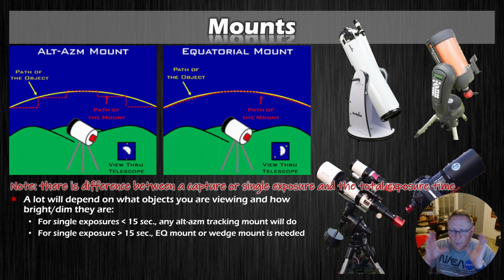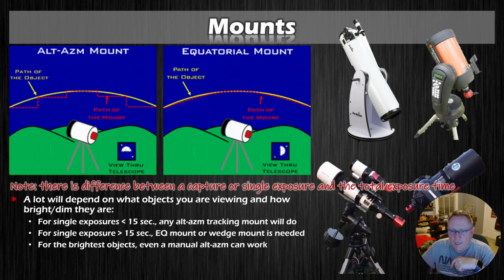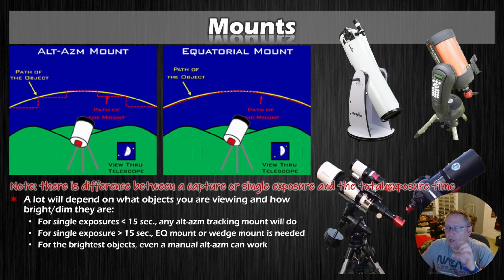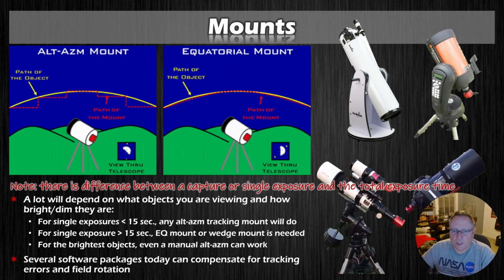It may seem hard to believe, but in just 15 seconds, you'll be able to see that streaking. Now, for the brightest objects, so if you're going after the moon or some other things, even a manual alt-az mount can work if you're actually taking video. You can just slowly move it along and still capture that object.